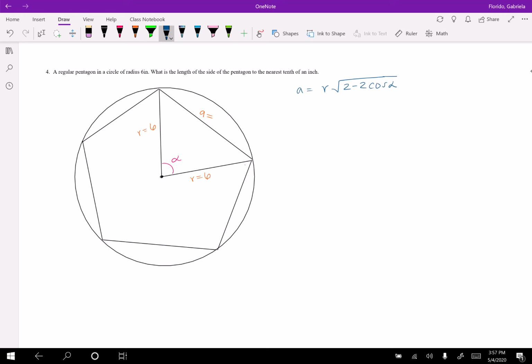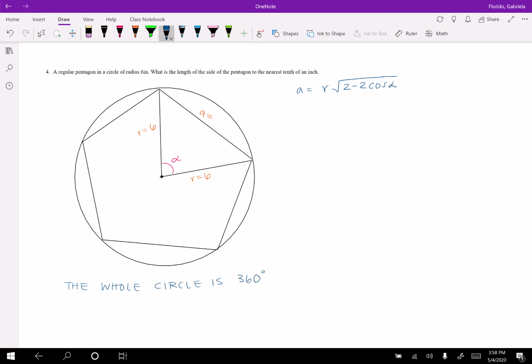We know how many degrees are around one circle: the whole circle is 360 degrees.